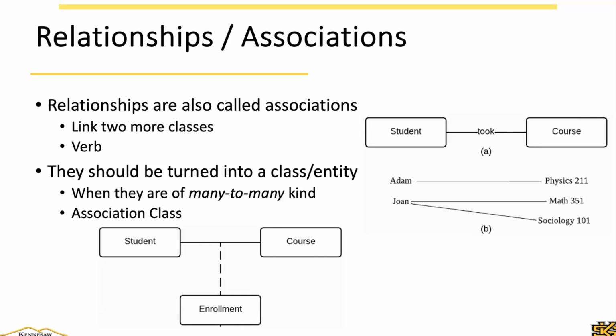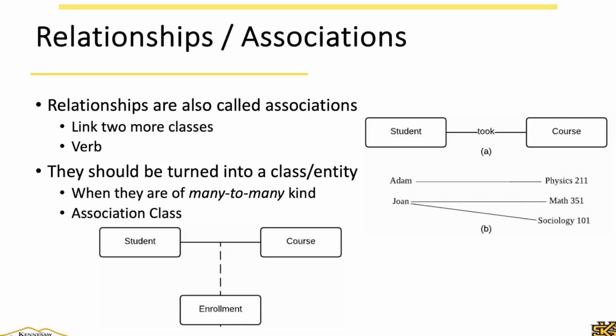A student may also be a subclass of a person. To show the relationship between a student and course, we connect the two classes with a line, and the place for the verb, like enroll or take, is on that line. So you need to put it on that line.